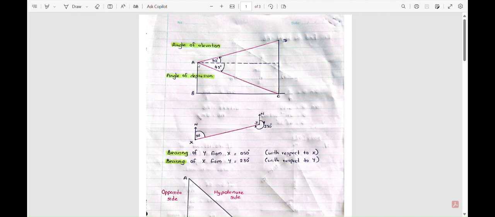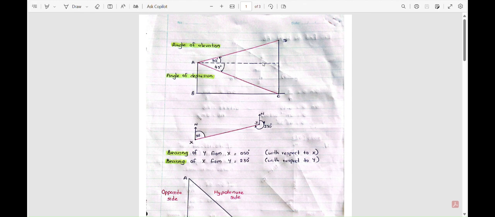Normally, when we are marking elevation and depression angles, first we have to mark the eye level. That means the horizontal plane level, we mark with a dotted line. Starting from the eye level, we always have to describe the angle of elevation and angle of depression. Now, this is the eye level of Amal.